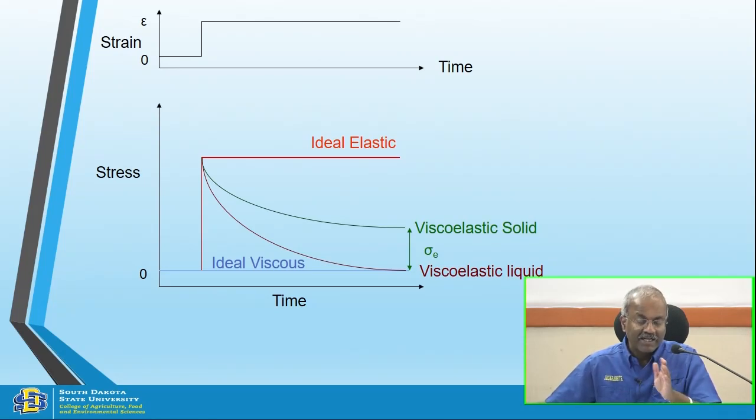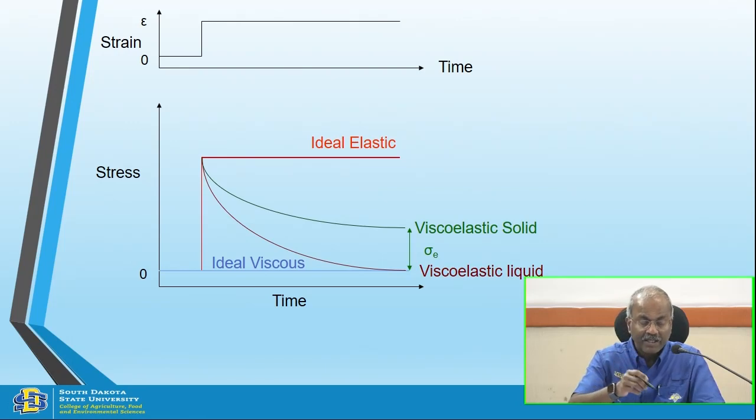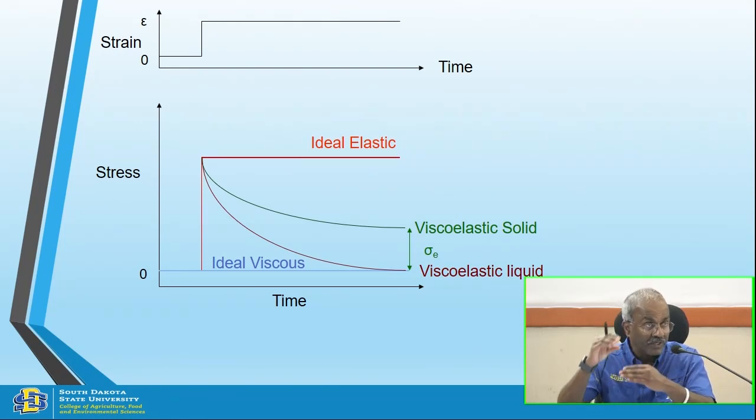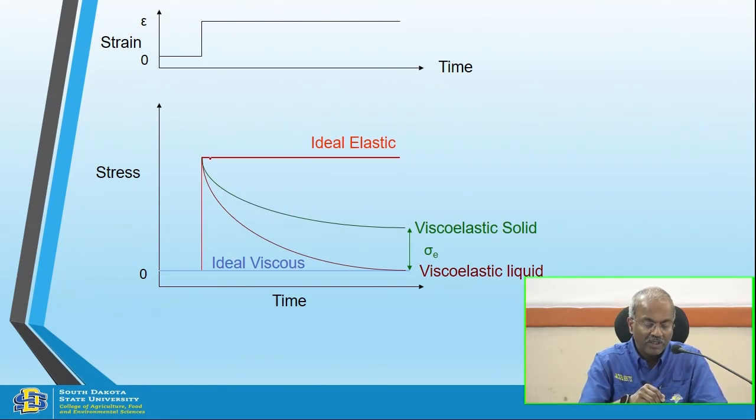On the other hand, if you apply a constant strain, constant deformation, to your food material and then monitor the stress relaxation, if at the end of the process your stress is zero, then that material is a viscoelastic liquid.